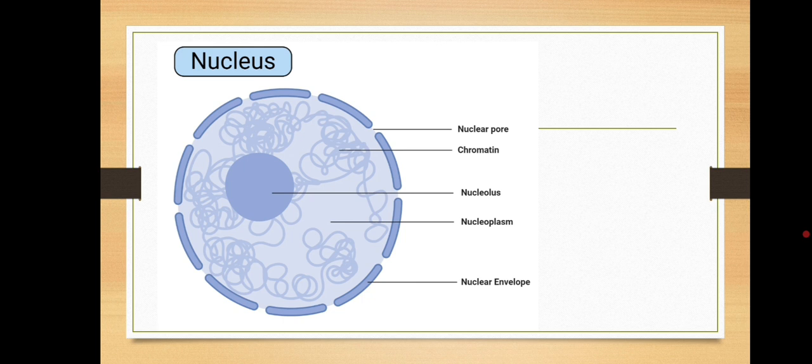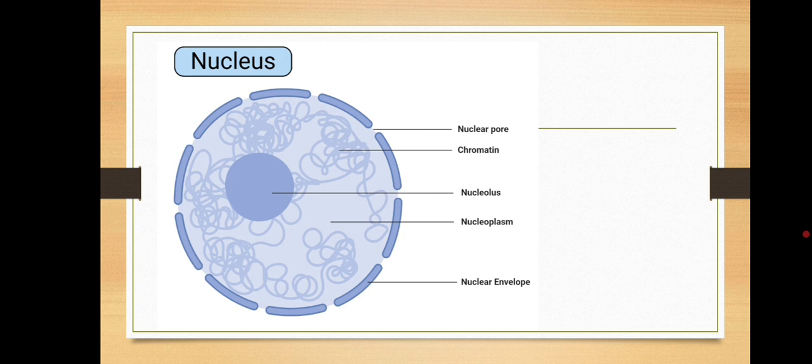What is the nucleolus? As you can see, the nucleolus is a place where ribosomes are made. Who makes ribosomes? Ribosomal RNA makes ribosomes inside the nucleolus. What is nucleoplasm? Nucleoplasm is a jelly-like fluid which surrounds the nucleolus.